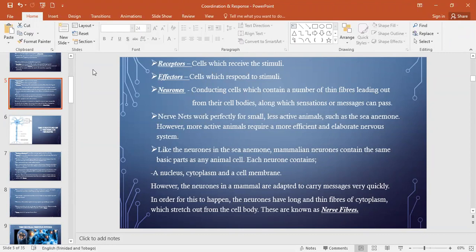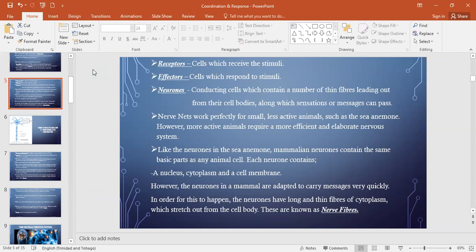All right. So we have receptors, effectors, and neurons. What are receptors? As you could probably hear in the name, it sounds like recipient or receive. So your receptors receive stimuli. All right, they sense the stimuli from the outside. Your effectors, as the name suggests as well, produce a particular effect based on the information they received from the stimuli.